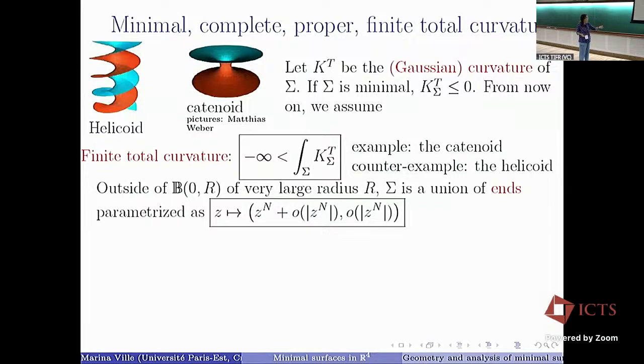Here we have N equal to 1, just one plane. But in the general case, the surface outside of a very large ball looks like a stack of flat annuli, or one annulus with multiplicity n. So I'm going to also write this here.